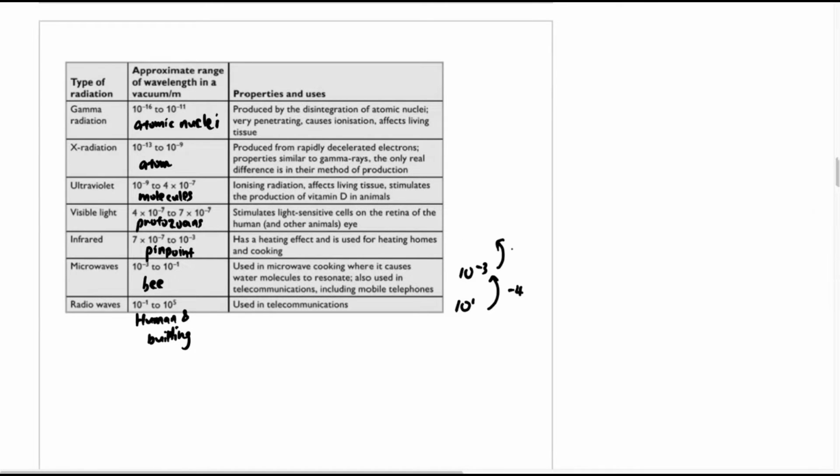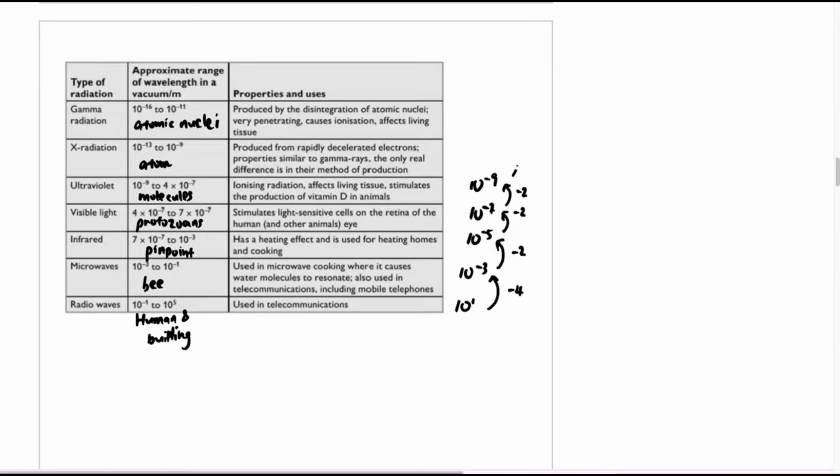Then you minus 2. You get 10 to the power of negative 5. This is about the wavelength of infrared. Then you minus 2 again to get 10 to the power of negative 7. This is about the wavelength of visible light. Then you minus 2 again, 10 to the power of negative 9.